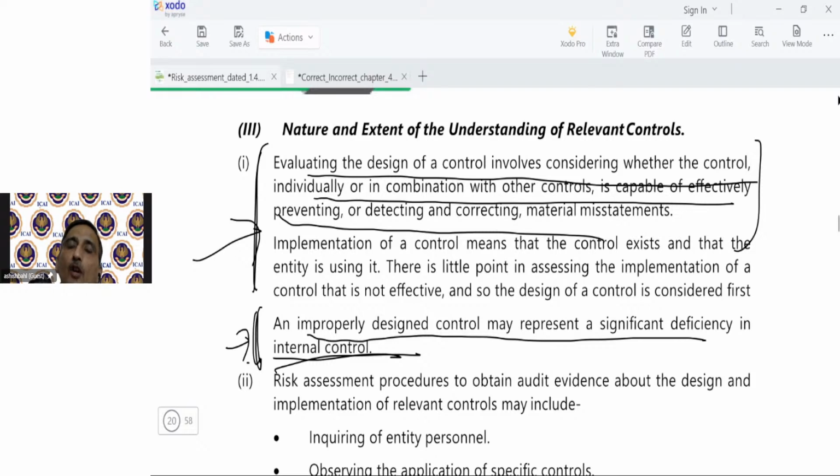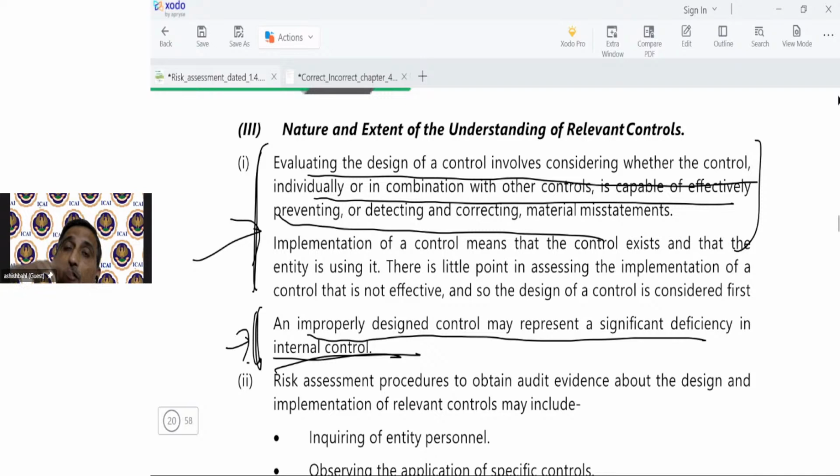He would only assess that control risk is high, that there is a risk that there could be misstatements in the financial statements which could be material. So obviously, first of all, he would increase the area of his checking.